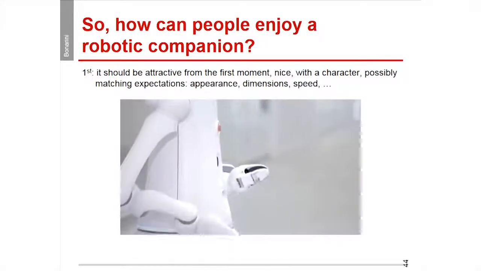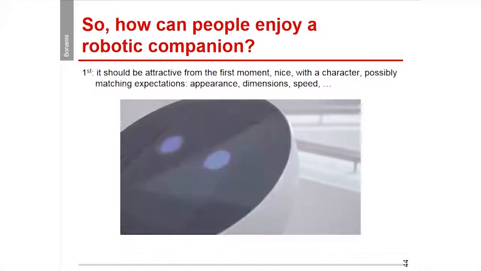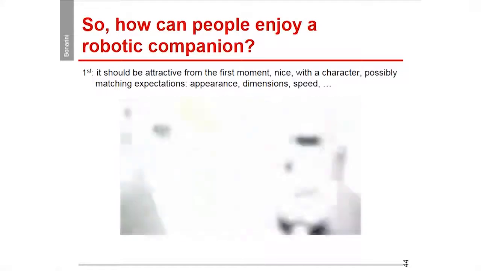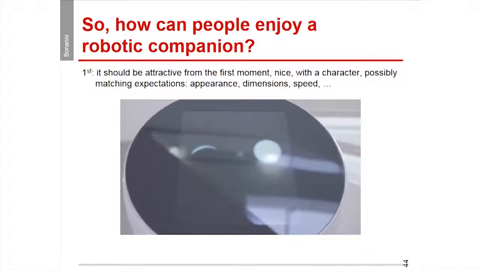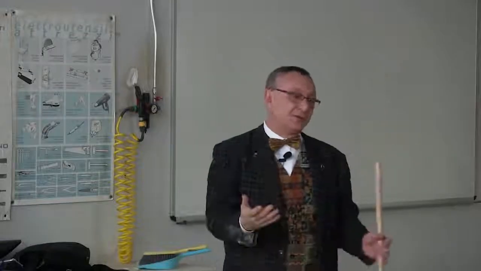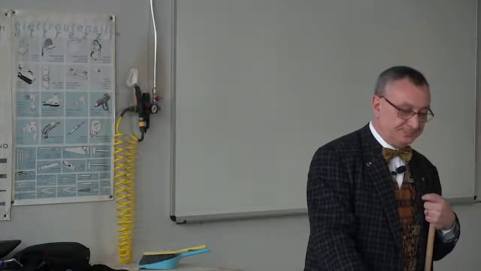Notice the shape, the kind of smooth movement. So we can engage the person, have a role, a relationship. You can have a pet, a butler, a friend. We have to decide what the companion is with respect to this person.